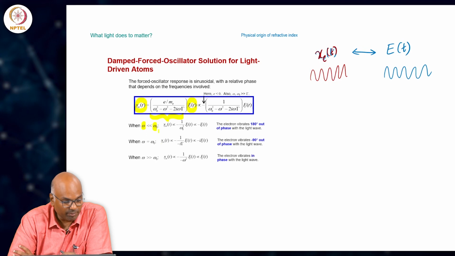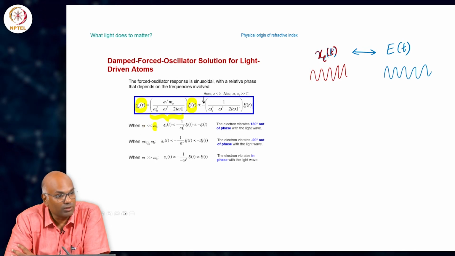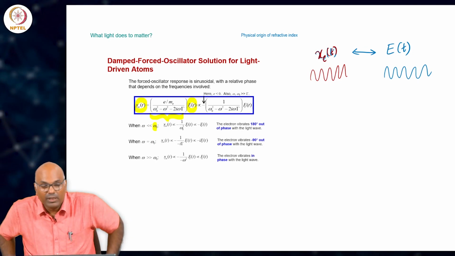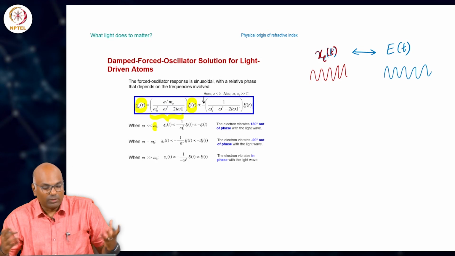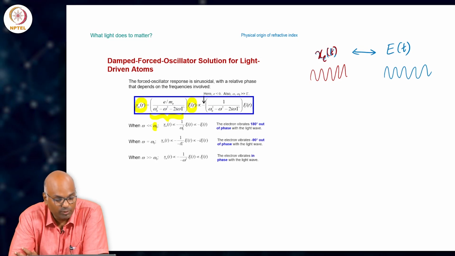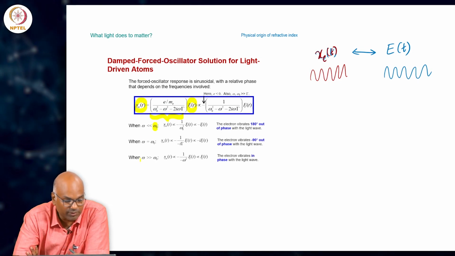These two can be compared. If the driving frequency is much less than omega naught, let us call it the eigen frequency, eigen the German word for principal, main or important. We know eigen value, eigen frequency. So, omega naught is the natural frequency, the eigen frequency of the system.